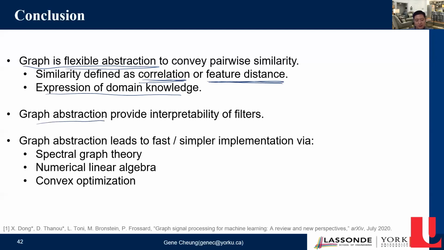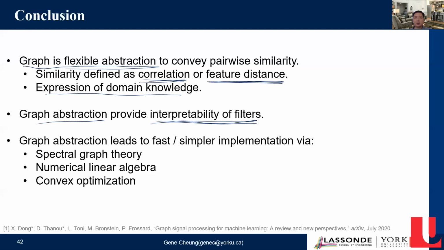Because we're using graphs, and based on the graph signal processing theory that we have, we can interpret these interpolation methods and denoising methods as graph filters. So it provides interpretability of your operations. This is different from a typical CNN, where when you learn a filter, you have no idea what the filter coefficients are doing, which makes these convolutional filters hard to interpret.